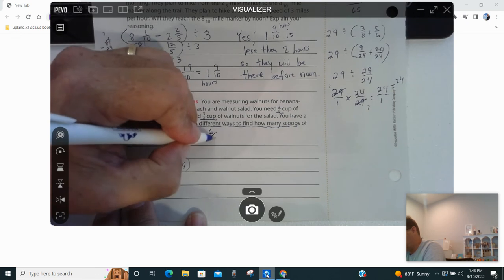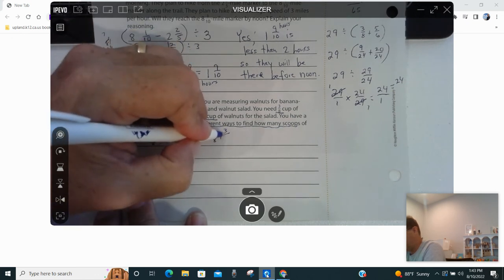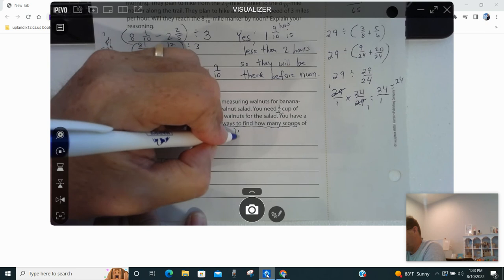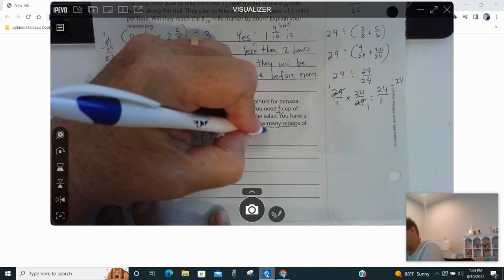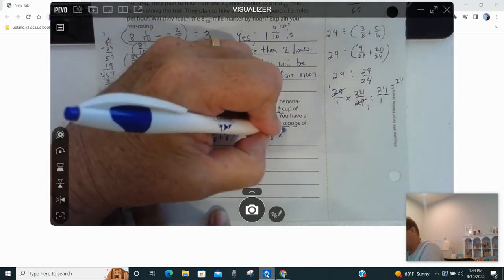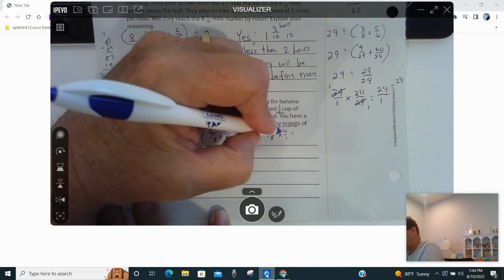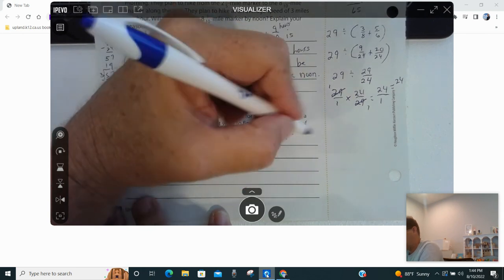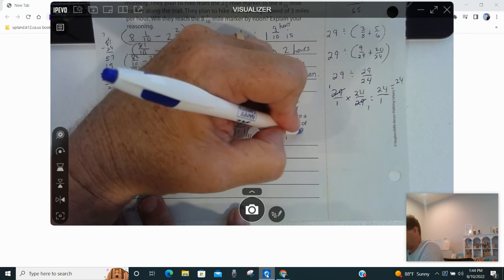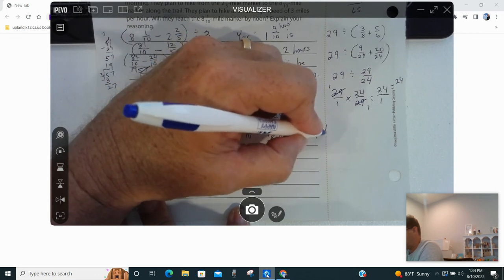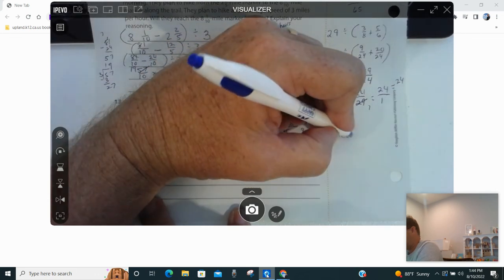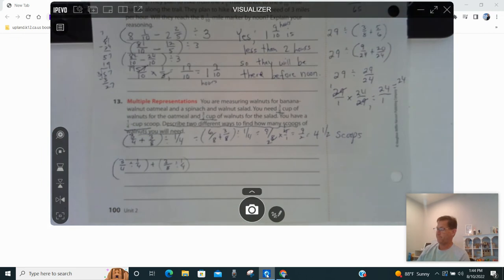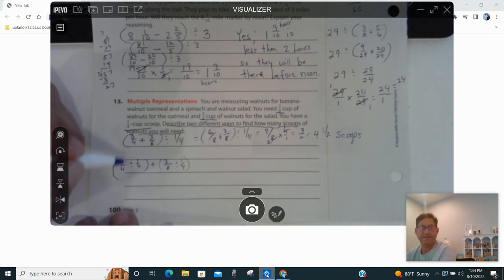So we have 6/8 plus 3/8 divided by 1/4. Okay, so it's going to take them 4.5 scoops, and let's see if we come up with the same thing here.